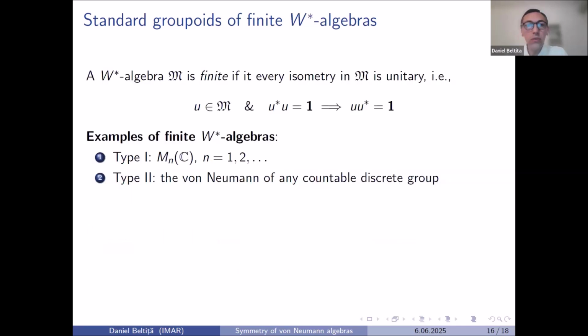I will finish by mentioning, just by way of motivating further research, what happens for some basic classes of von Neumann algebras. For instance, for the finite W-star algebras, where every isometry is unitary, there are many examples: the matrix algebras, but also the famous theory of classifying von Neumann algebras of countable discrete groups provides many examples of such algebras.